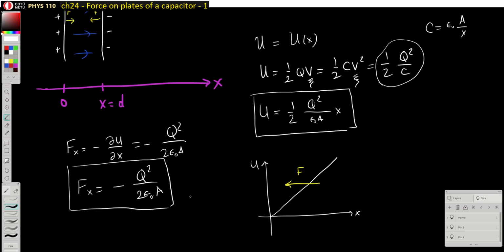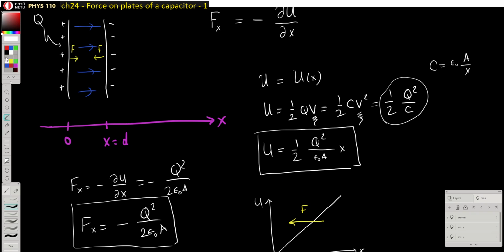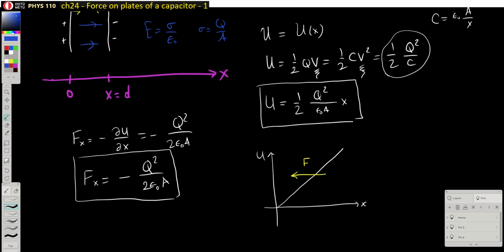However, I would like to actually write this force expression in terms of the electric field between the plates. So let's just remember this. The electric field between the plates is sigma divided by epsilon 0, where sigma is the surface charge density, Q divided by A. So there's a Q squared divided by A in here, but one Q divided by A, I'm going to define as sigma.